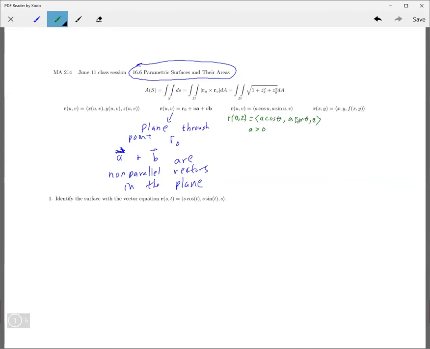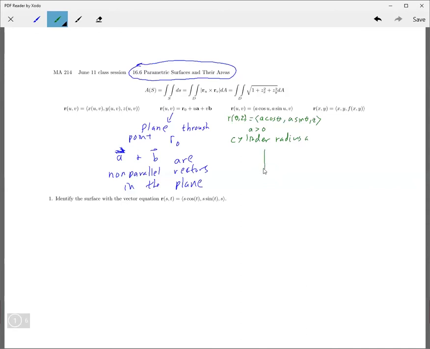This looks like cylindrical coordinates, right? Except the r has been replaced with an a, right? So this is a cylinder with radius a.